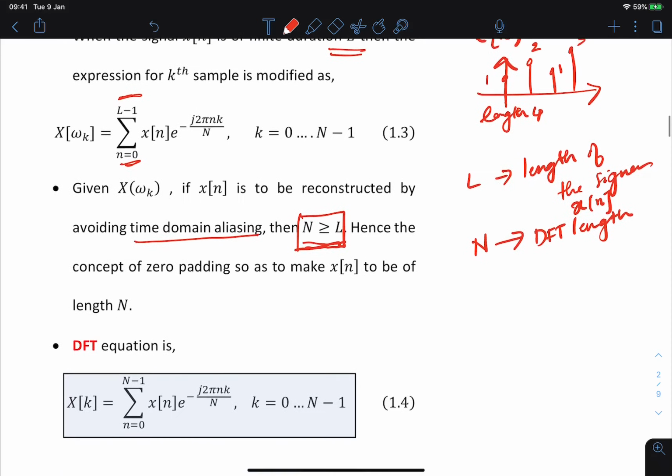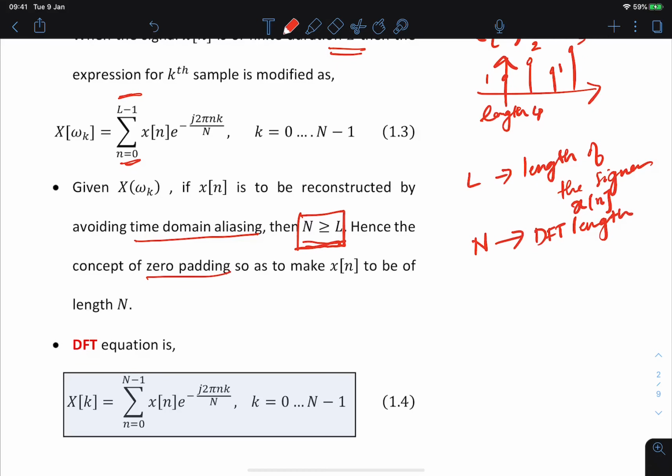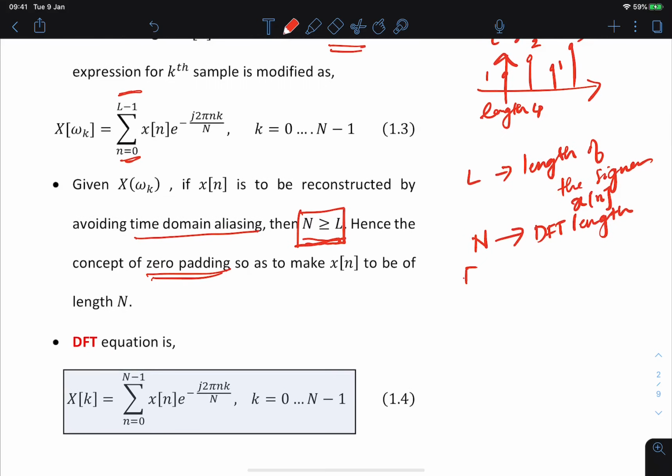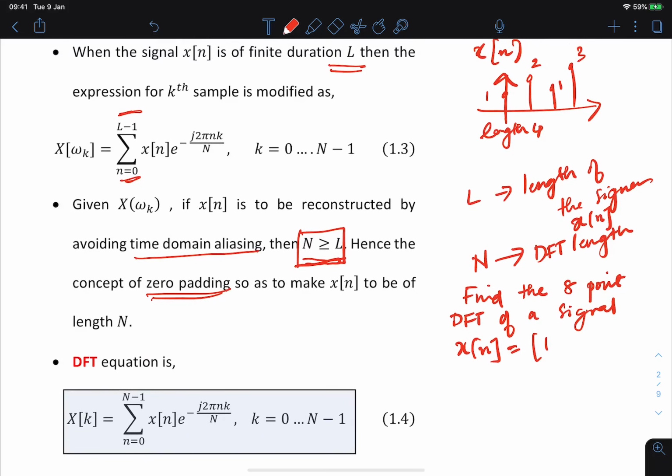So what is being done is the concept of zero padding. Let us assume a question is asked: find the 8-point DFT of a signal, just an example of the previous case: 1, 2, 1, 3.